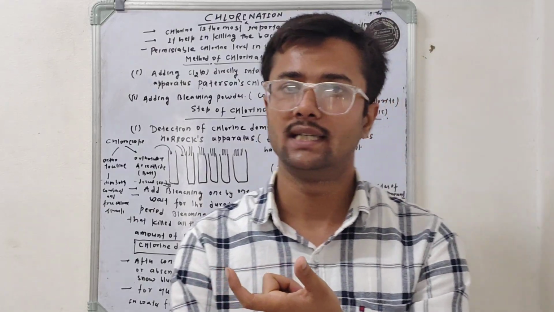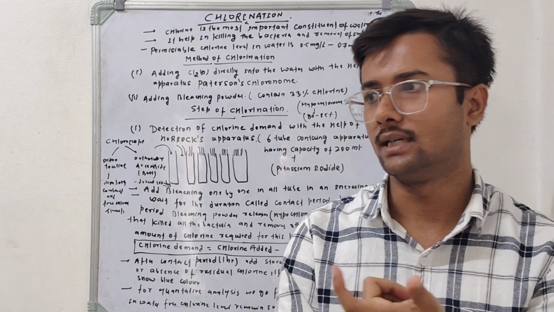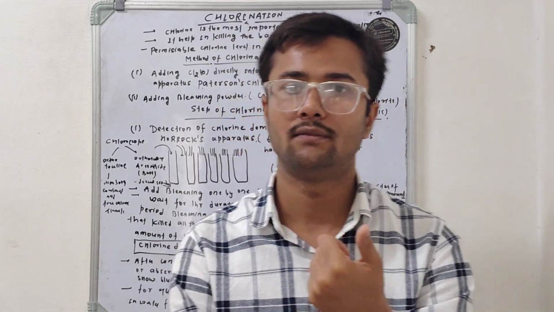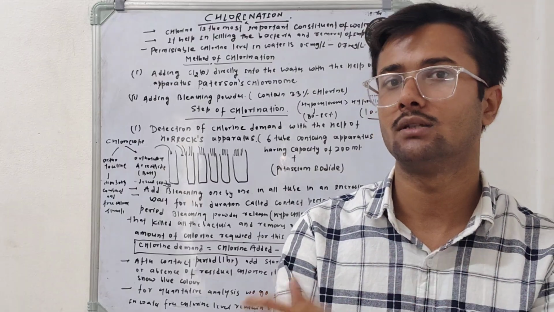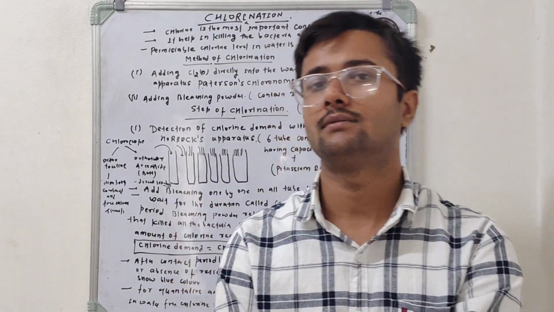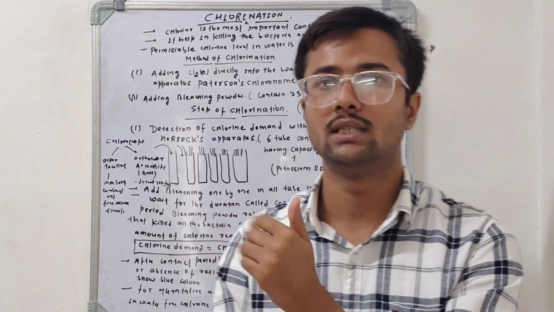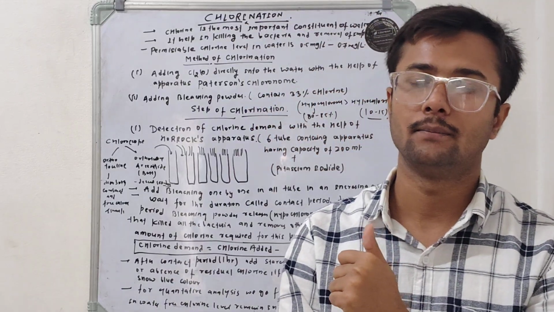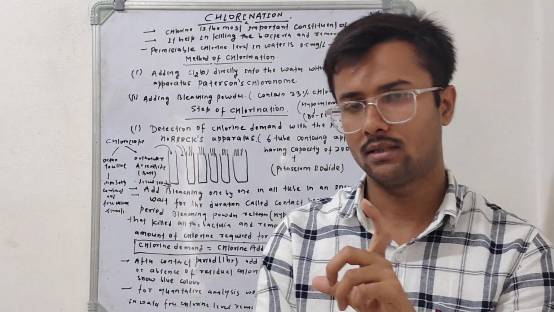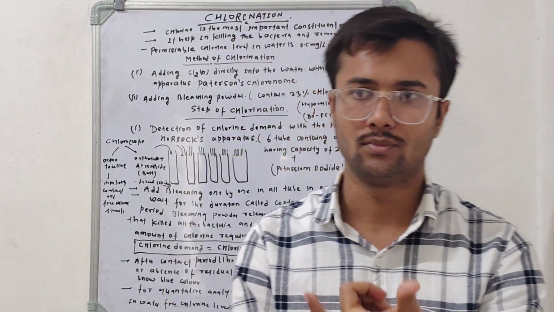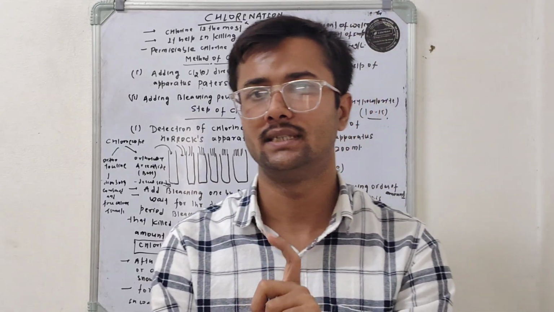0.8 milligram per liter. So what happens if any sample's concentration is less than 0.5? In case of less than 0.5, we go for rechlorination, and if the sample has a concentration beyond 0.8 milligram per liter, then it can make water unsafe for drinking, with some unpleasant taste.